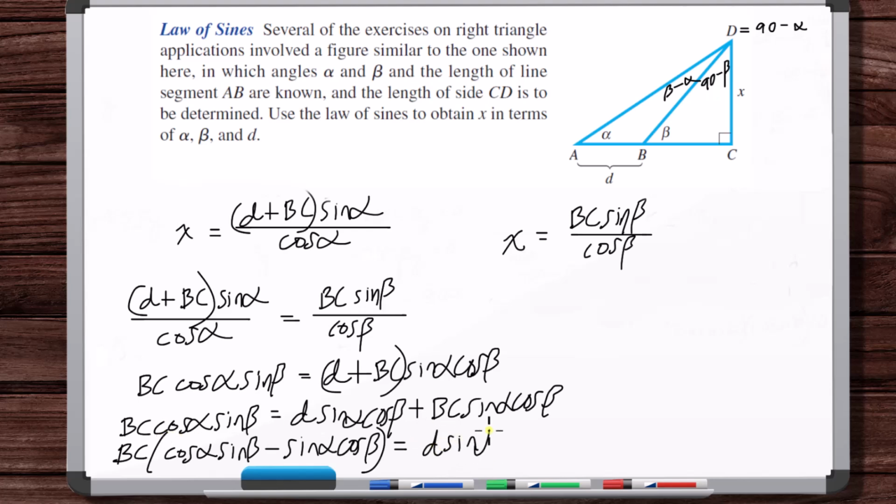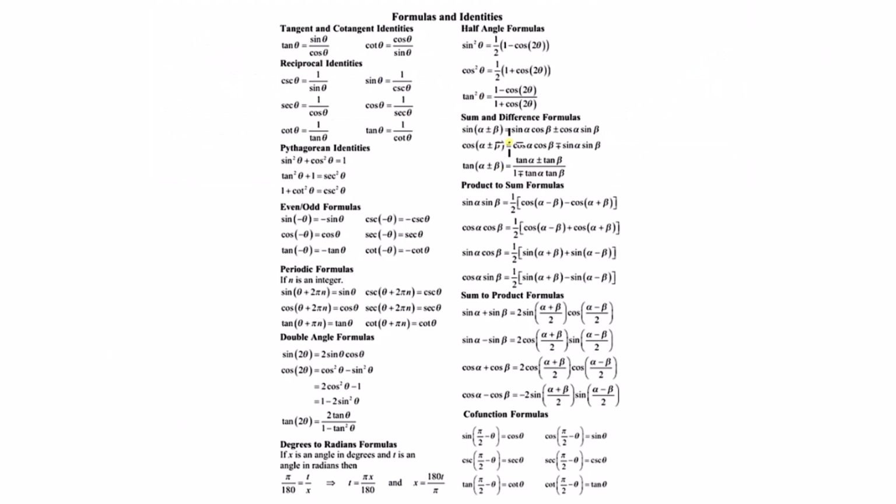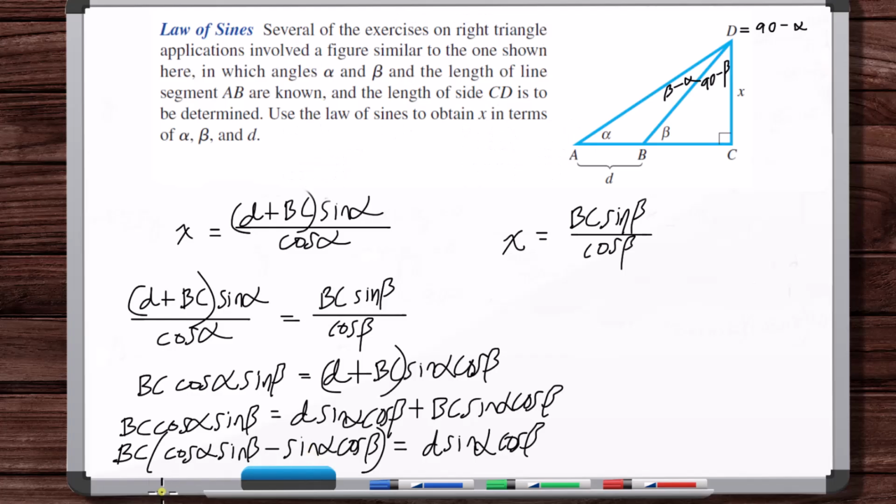Now, does this match up with a sum or difference identity for sine or cosine? If it's going to be anything, it's a sum or difference identity for sine. Sine alpha cosine beta minus cosine alpha sine beta is equal to sine of alpha minus beta. Let's see how that matches up here.